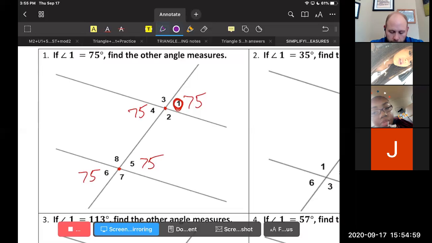Now let's try to figure out 2, 3, 7, and 8. Let's go back to angle 1. We have 75 degrees on angle 1. Angle 2 would be a linear pair with angle 1, and we know they add up to 180 degrees together. So how can I use that 75 to figure out what angle 2 is? What can I do with 180?